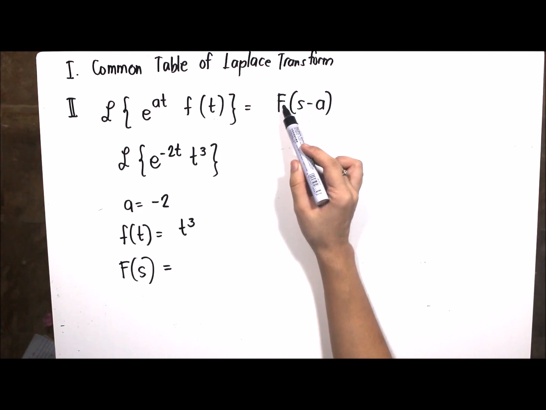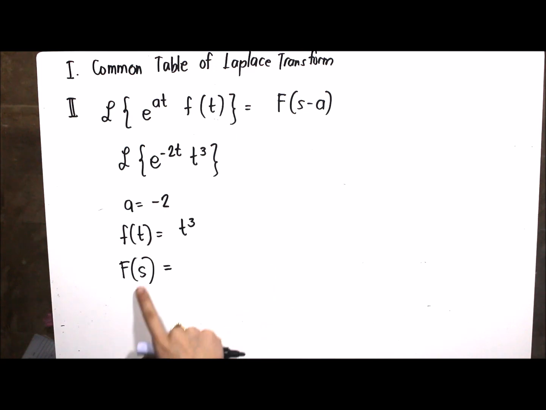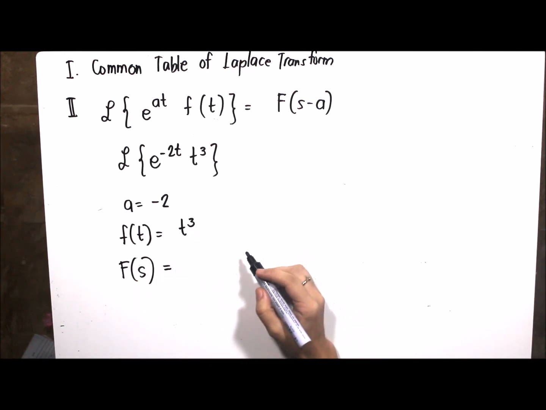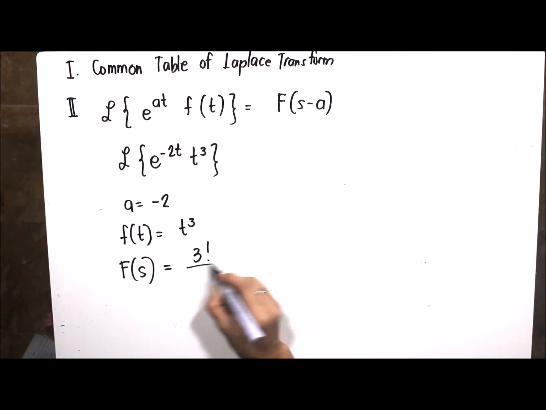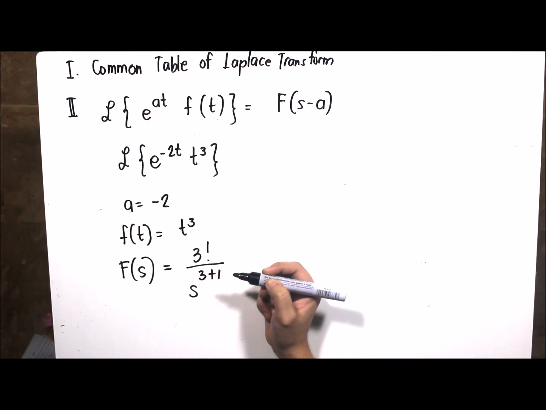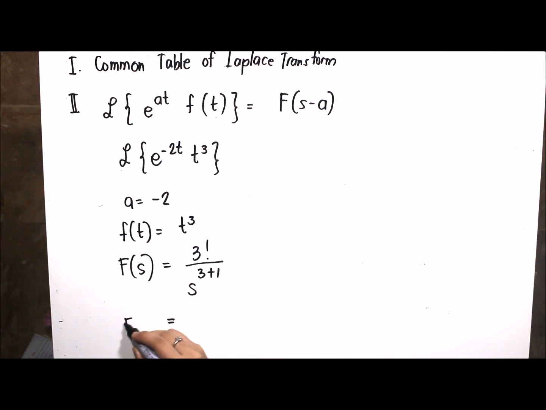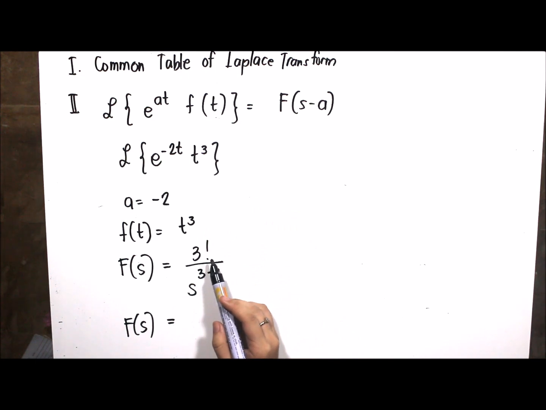Tapos, pag nakuha natin si F of s, papalitan natin si s ng s minus a. So, in here, since this is t cubed, we are going to use the formula for t raised to n, that is n factorial over s raised to n plus 1. Therefore, ang F of s natin dito will be equivalent to 3 factorial, which is 6, all over s to the 4th.